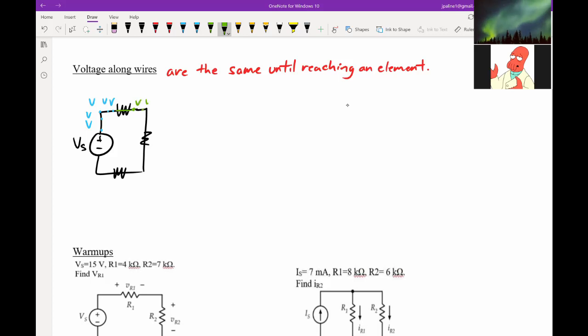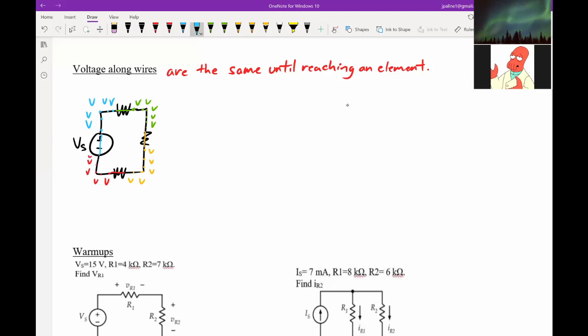And that voltage is going to stay the same until it hits this other element. Now it'll have a different voltage. And then it'll come through and it'll travel through this element, and it will change again until it travels through this element.